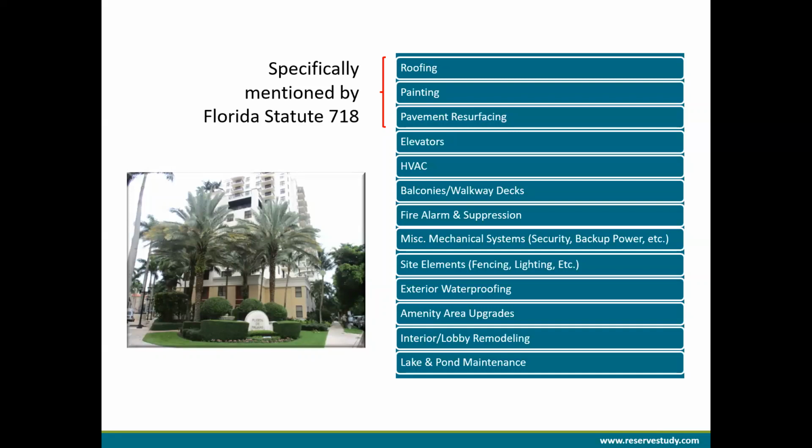But if we're talking about a big luxury high rise or some kind of complicated property, very easily we get 50, 75, even 100 or more components, right? So if you are in a high rise building out there and your reserve schedule has 8 line items in it, that's not enough. Okay, at the very least, that's not detailed enough. Things need to be broken down into much more granular detail there.